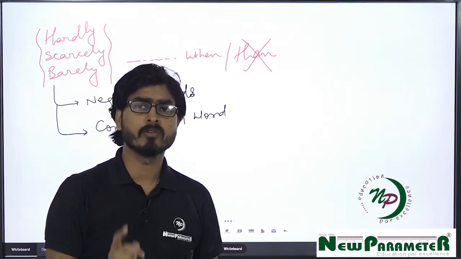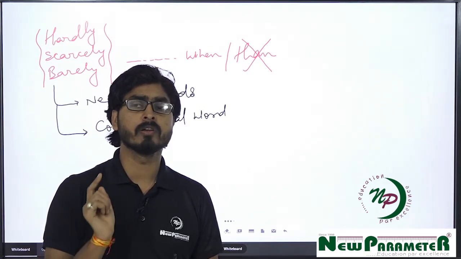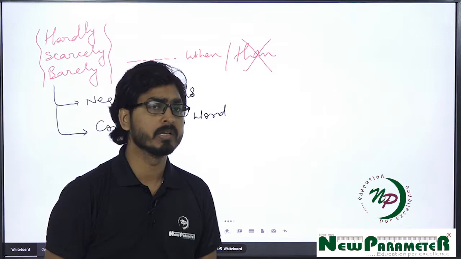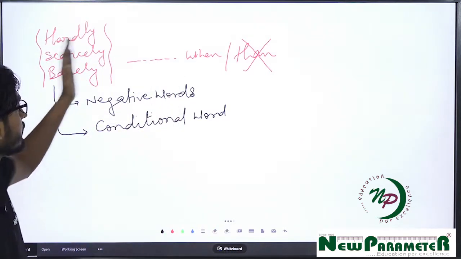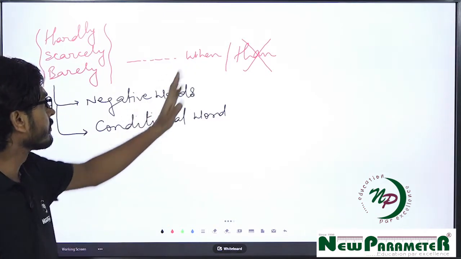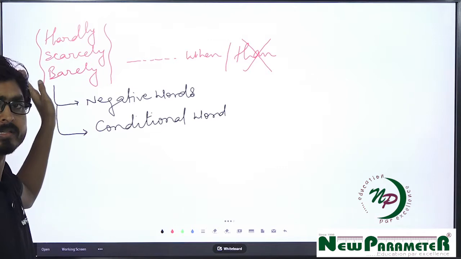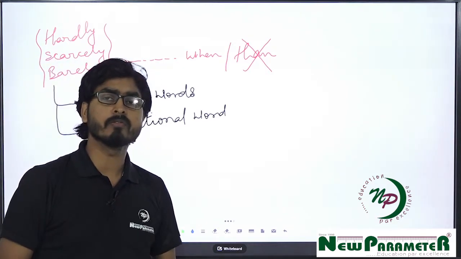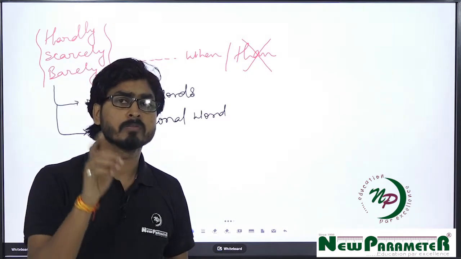Only this thing you have to keep in your mind, that with the conditional word we are not allowed to use future tense. So whenever we use hardly, scarcely, barely, and when one clause goes with when and the second clause goes with hardly, scarcely, barely, the clause in which hardly, scarcely, barely have been used must not be in future tense.